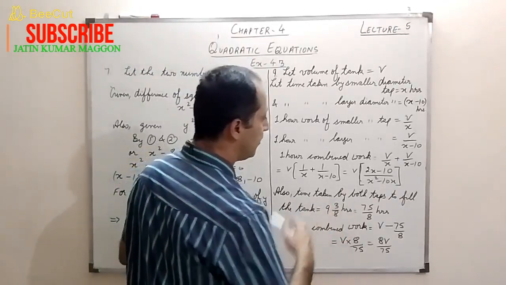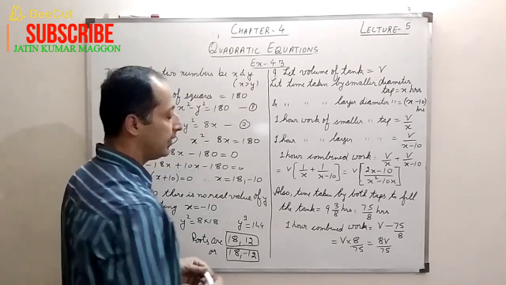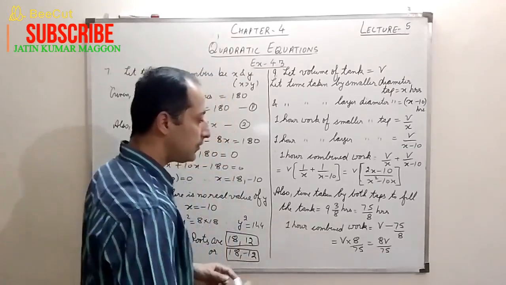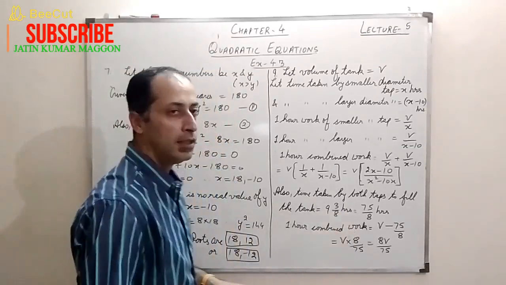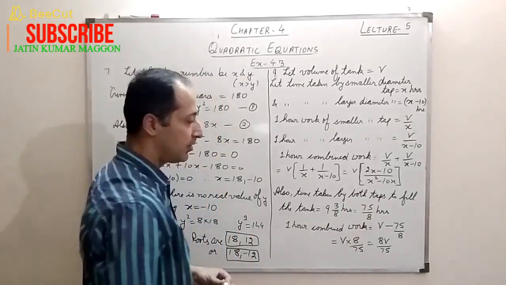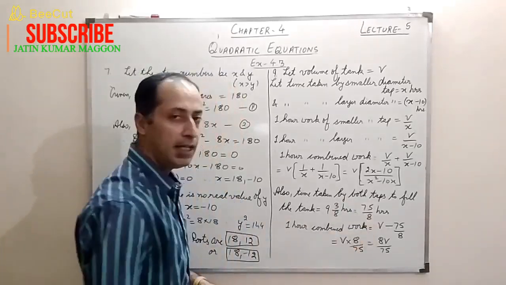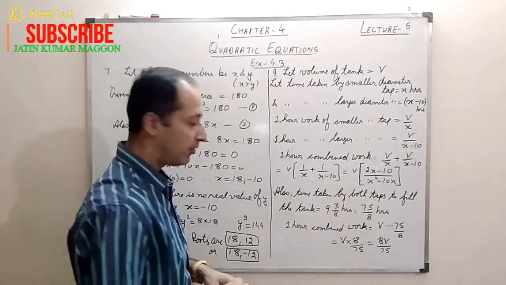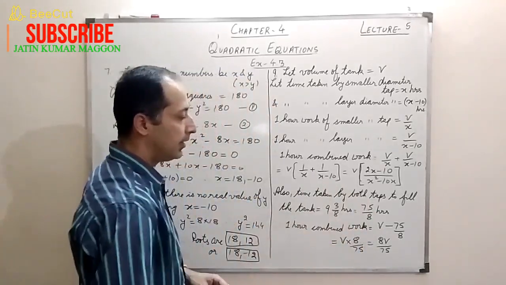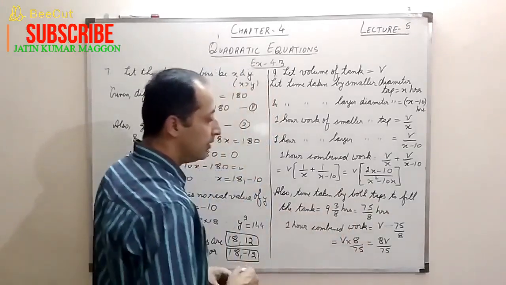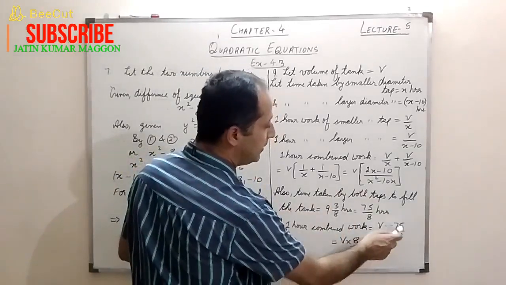Now, what else is given to us? The time taken by both taps to fill the tank equals 9 3 by 8 hours. When you convert this mixed fraction into an improper fraction, you get 75 by 8 hours. Now again, if I calculate the 1 hour combined work from here, I have to divide the volume by the time. So I write V divided by 75 by 8.